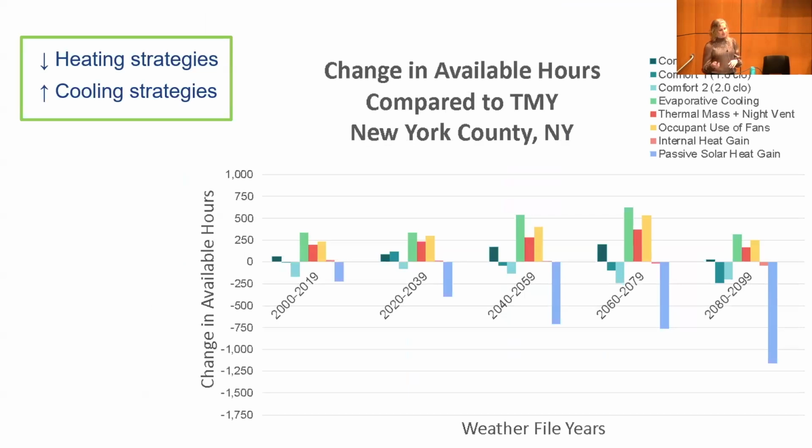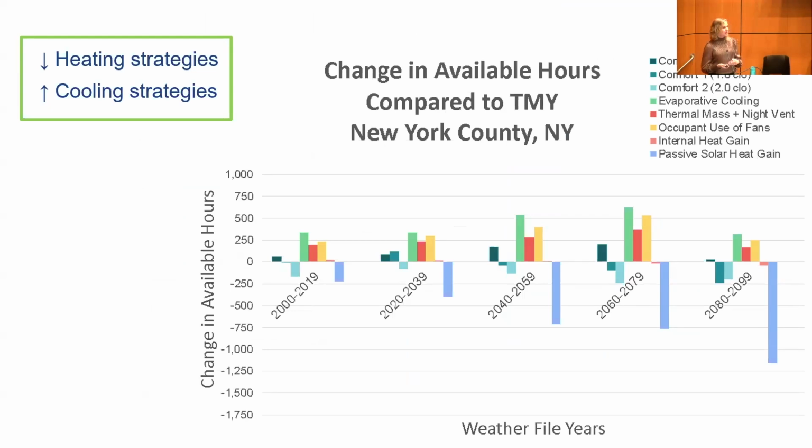This is the same information, but showing the difference from baseline. On the bottom side, you can see all of the ones that are decreasing are heating strategies. And one of the most noticeable is that passive solar heat gain is becoming very, very little available hours for that strategy.